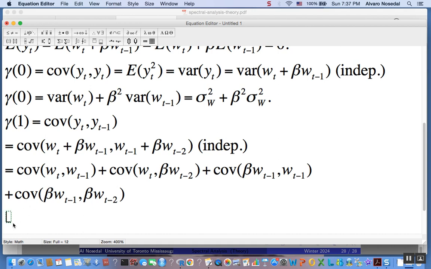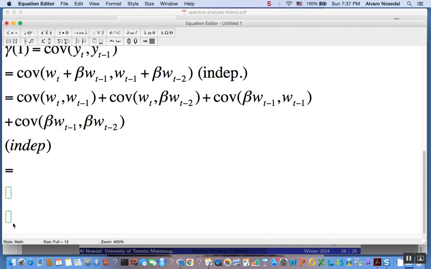Okay. Now, by independence, let me use that fact. What we're going to have is that this first term, the covariance between WT and WT minus 1, is going to be, since they are independent, the covariance between them is just 0.